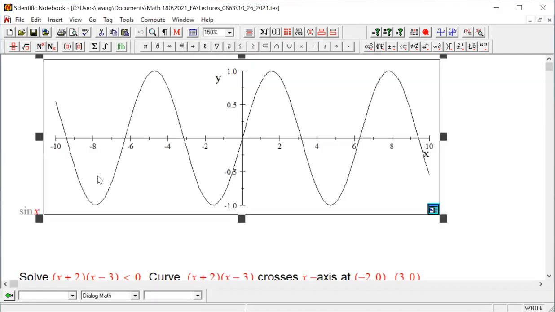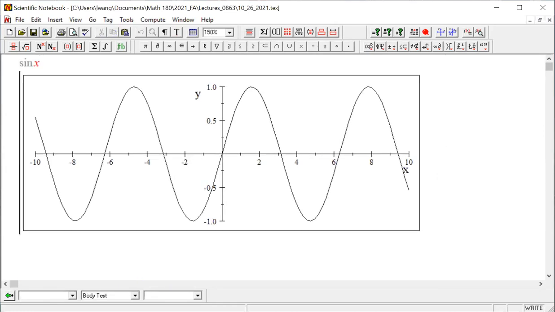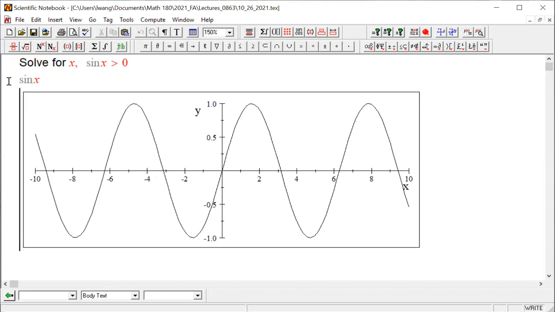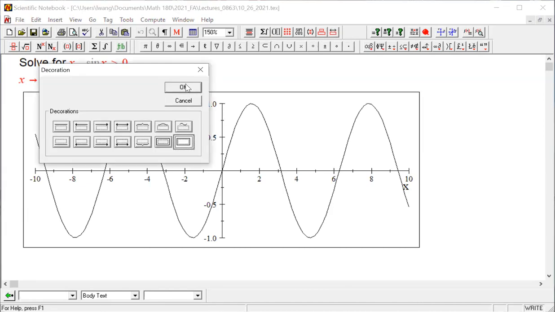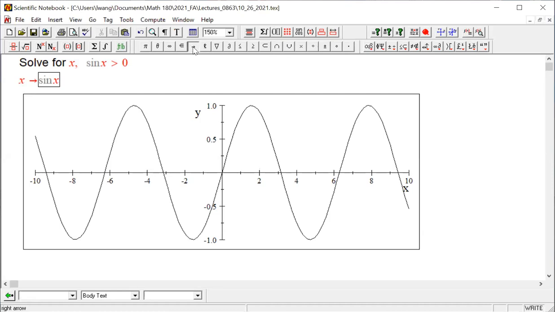What is the nature of this question? Input. We want to find input such that the output is what? Output positive.